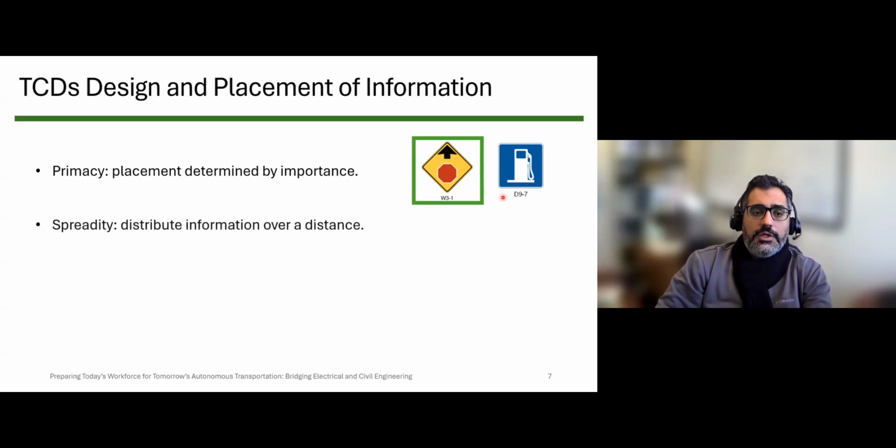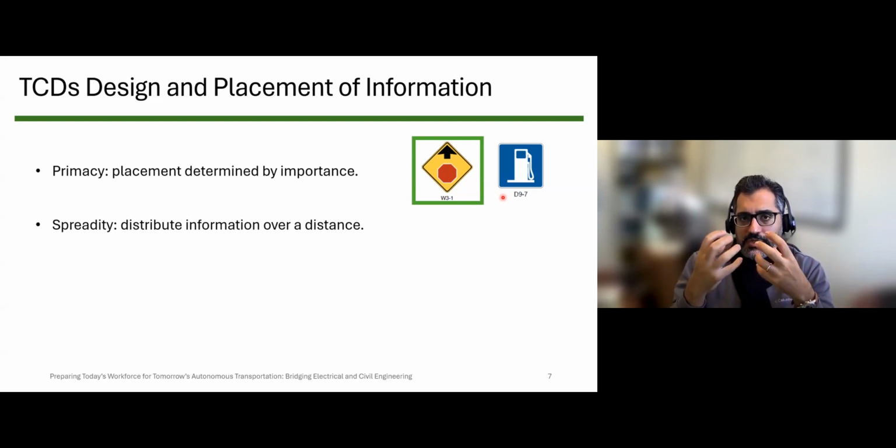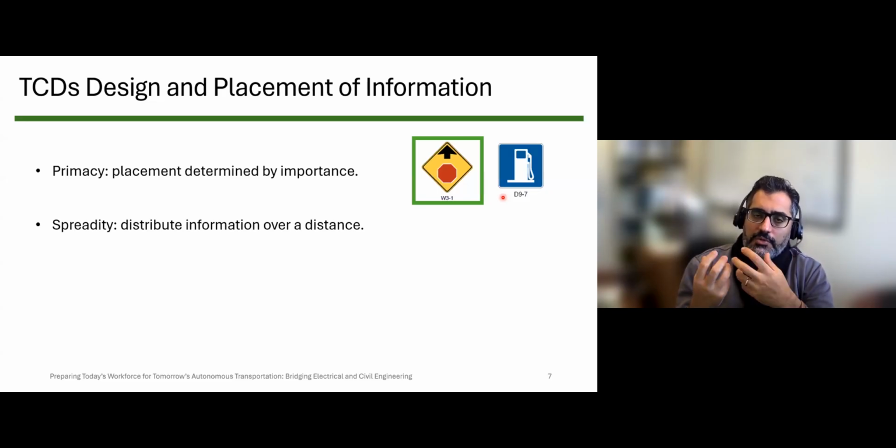The other one is what we call spreadity: distribute information over a distance. So imagine the amount of time that a driver has to perceive the information. If they're driving 65 miles per hour, it could be a second or a fraction of a second to look at a sign and perceive the information in that sign.